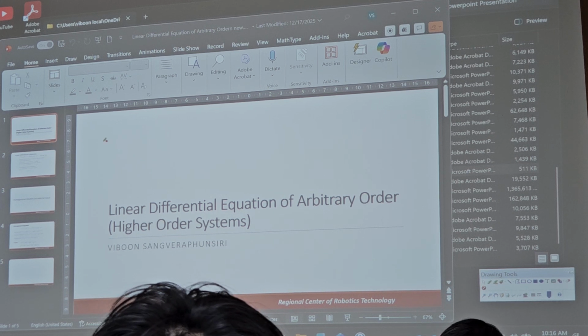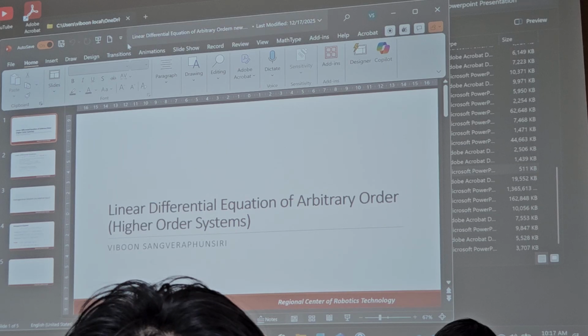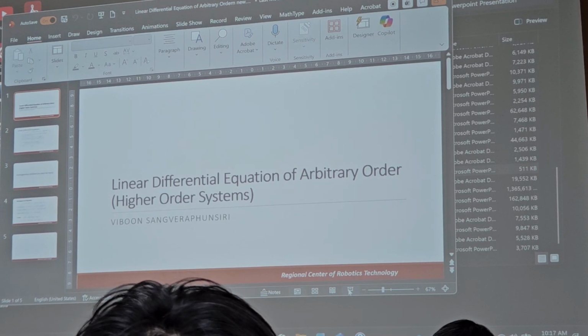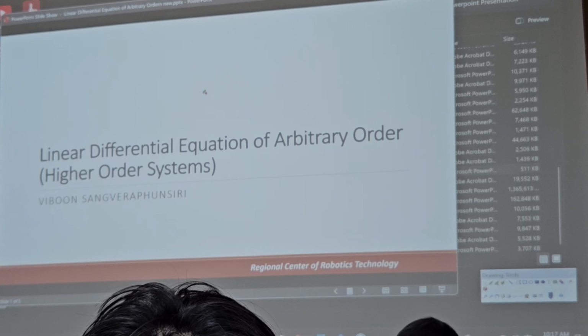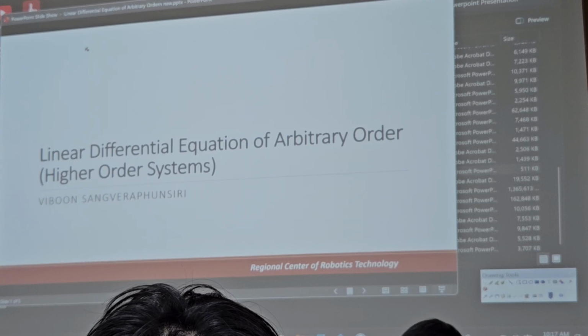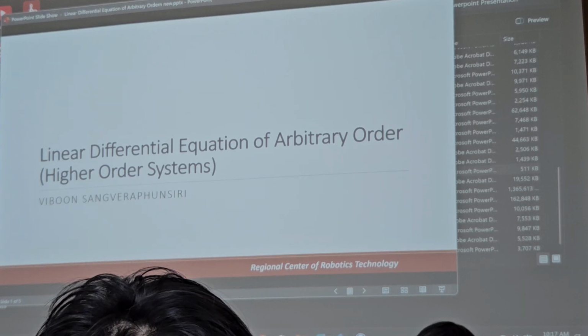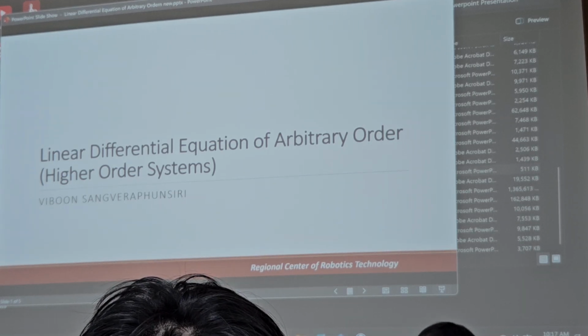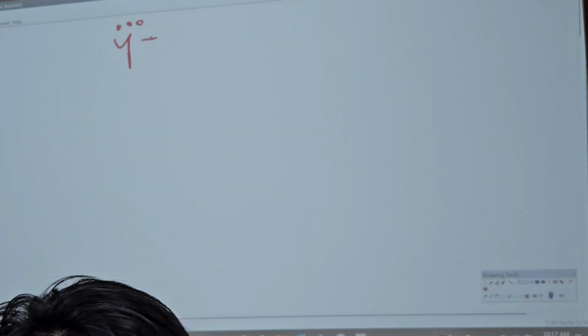Let's look at this one. We have this one, third order.